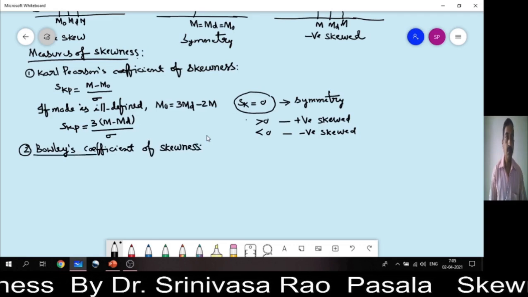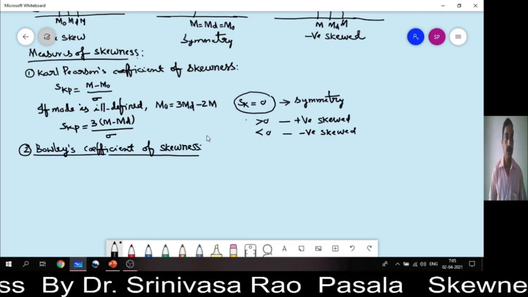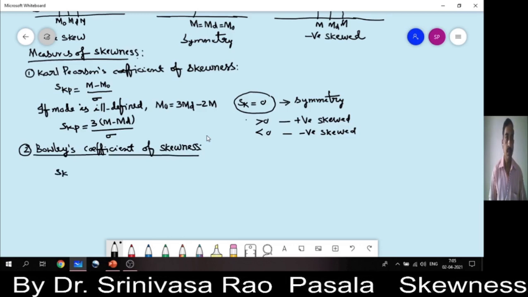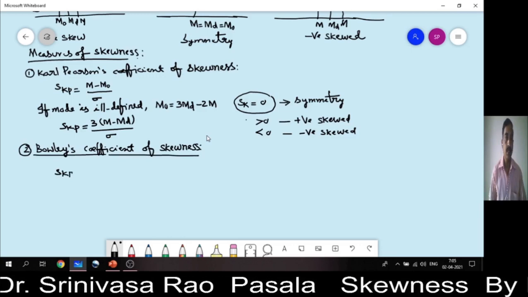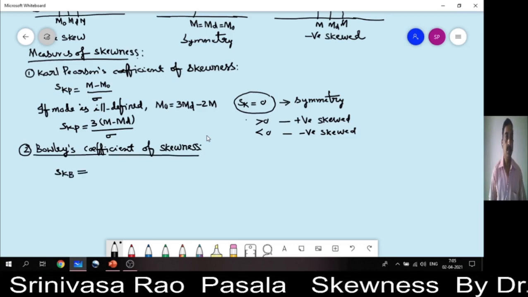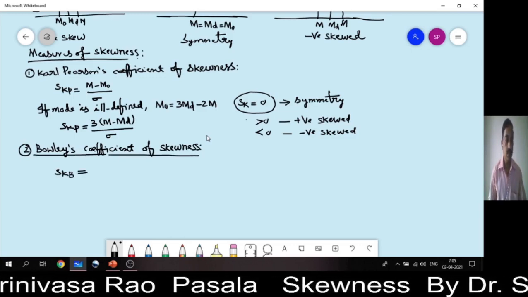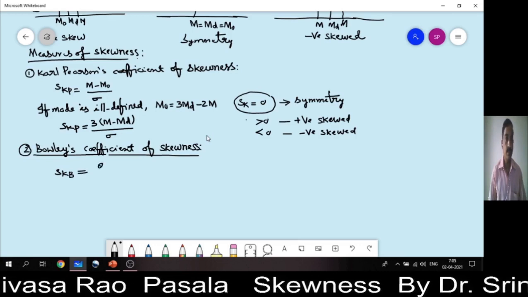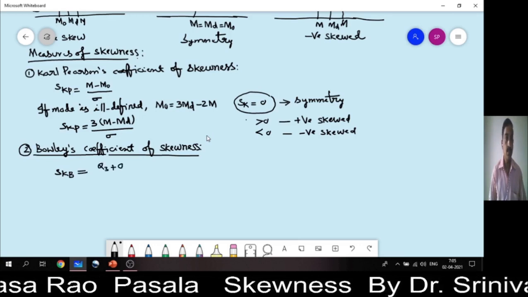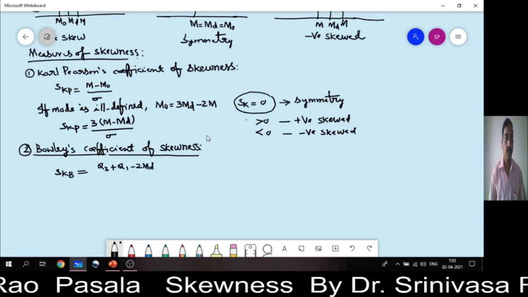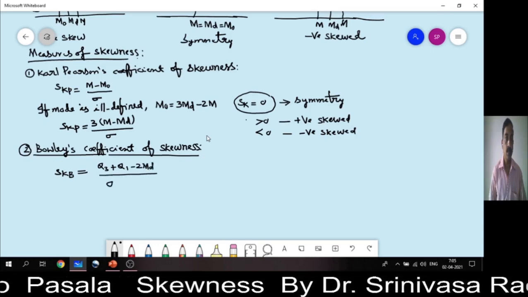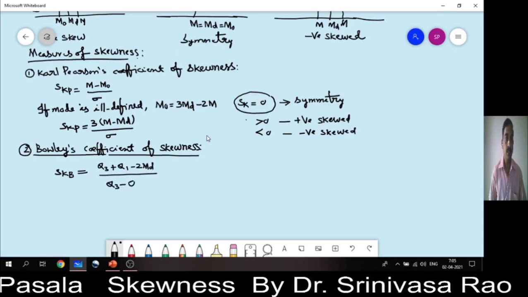This is given by Professor Bowley as SKB equals Q3 plus Q1 minus 2 median by Q3 minus Q1.